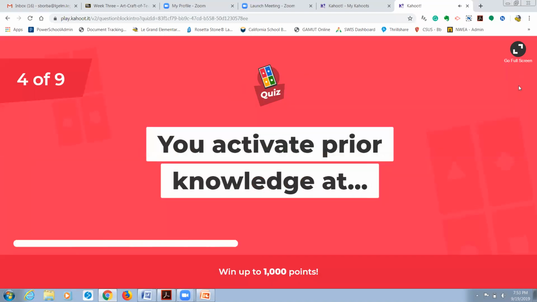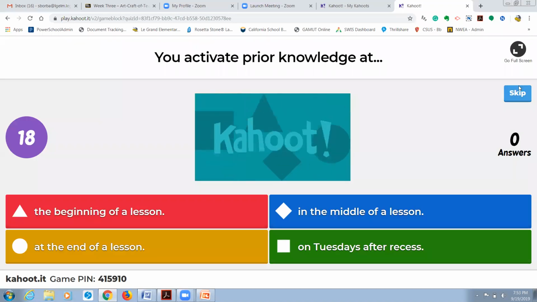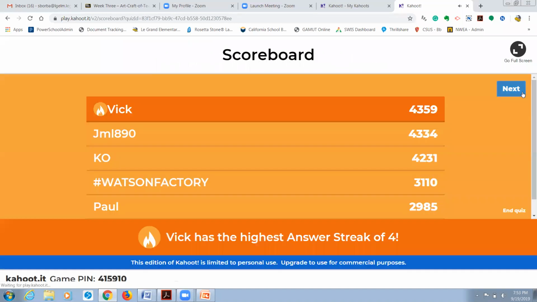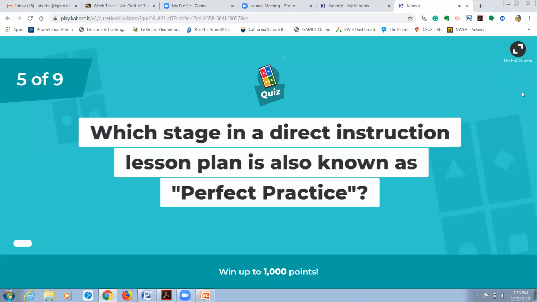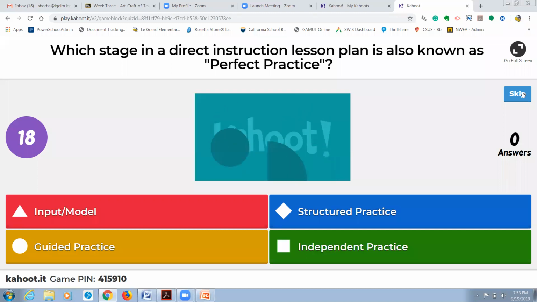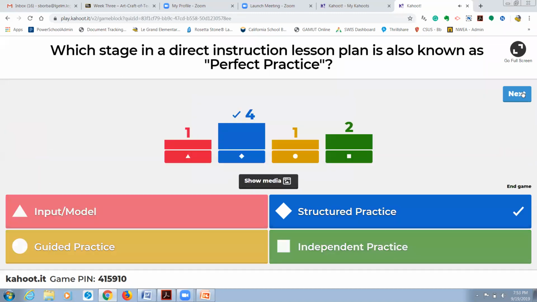You activate prior knowledge at the beginning of a lesson. Good job. Which stage is known as perfect practice? Structured practice is perfect practice.